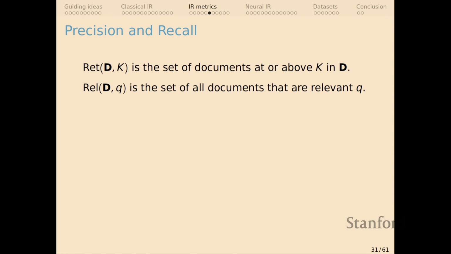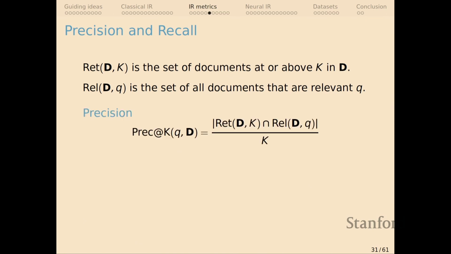And then the relevant documents, those are the ones with stars. And precision is saying for my chosen K, what percentage of the things at or above K are relevant? And that's precision in the sense that if you picked K, you're looking at the set of documents and you want to know how many of them have stars relative to the total.